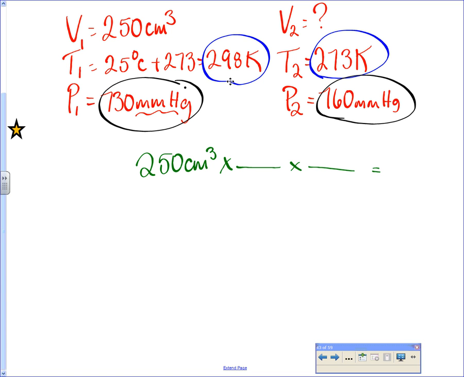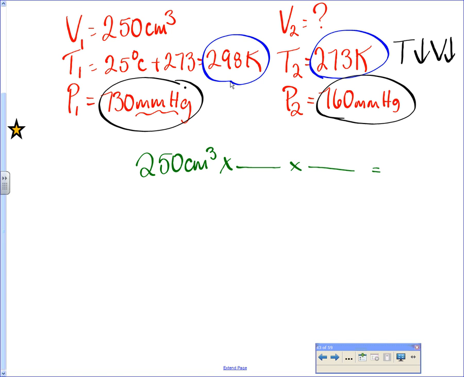Temperature is going from 298 to 273, so temperature is going down. Whenever temperature is down, volume decreases because everything gets closer together. So based on temperature, volume should go down.